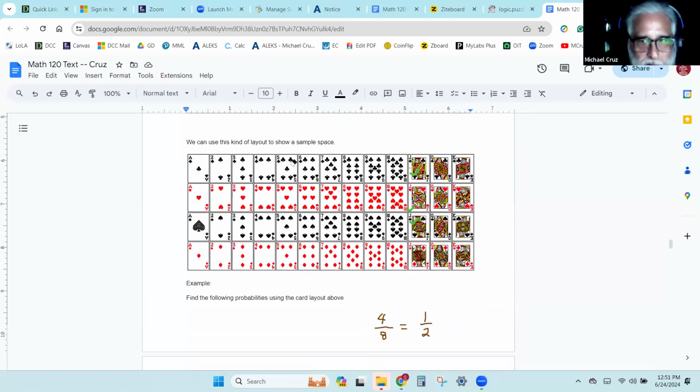So cards are another kind of interesting sample space. It's got a nice pattern to it. You've got 52 cards in a standard deck of cards. There's 4 suits.